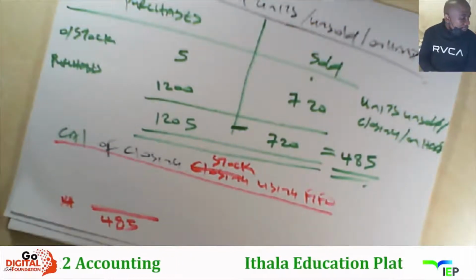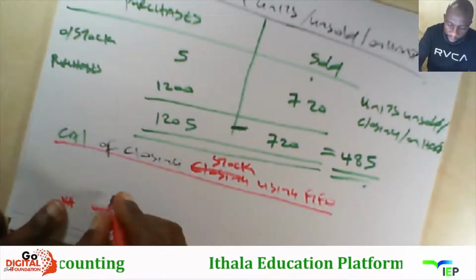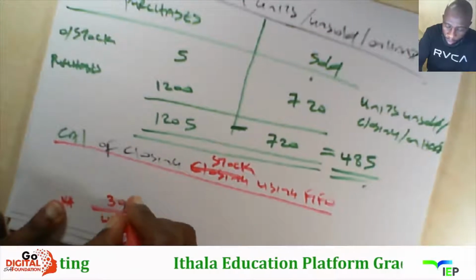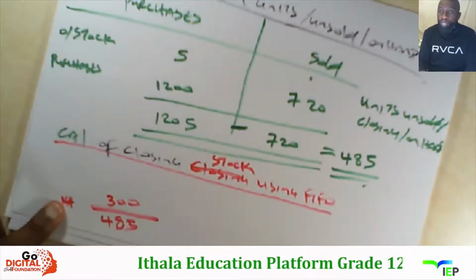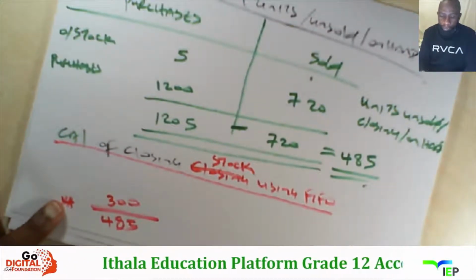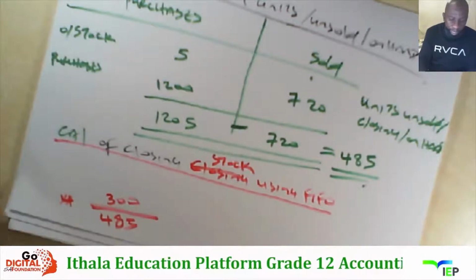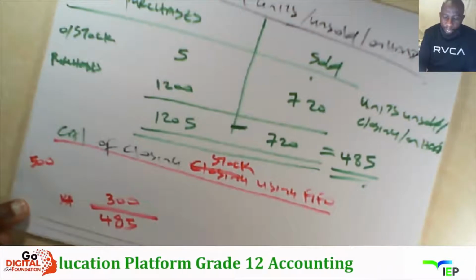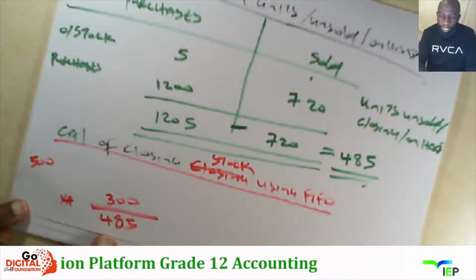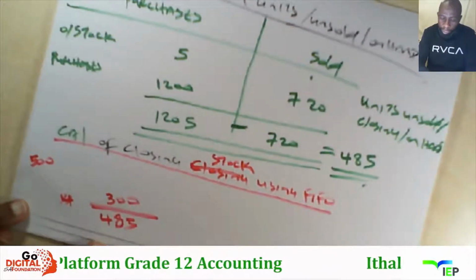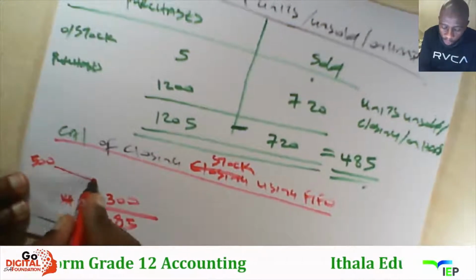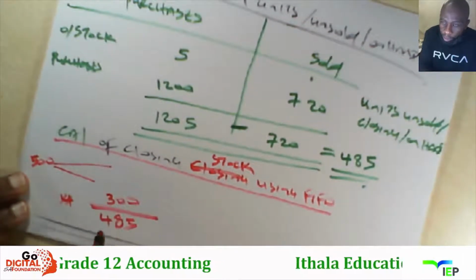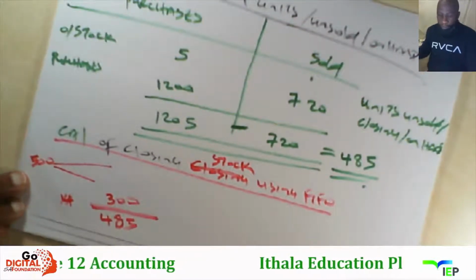So our last purchase is 300. You can see that we are still below 485. And then the second last purchase is 500. From 500 we are now more than this, which means we need a portion of this to make it 485.